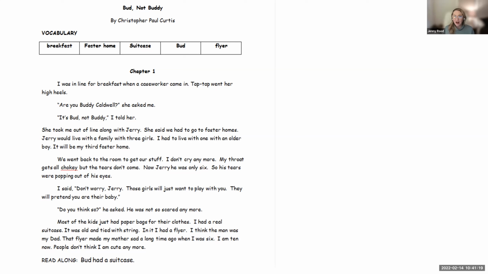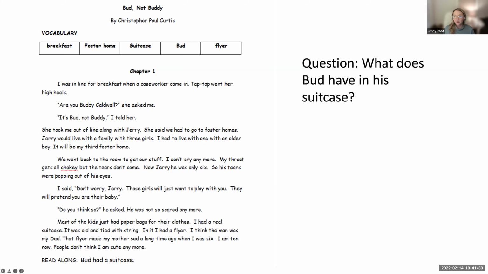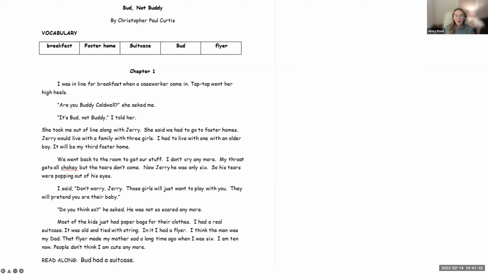Okay, so we have a high frequency word, breakfast. We have the main character, Bud, and then we have 3 vocabulary words that we would want to target for understanding the definitions of. So what I'd like you to do is come up with a student-friendly definition for foster home, suitcase, and flyer.